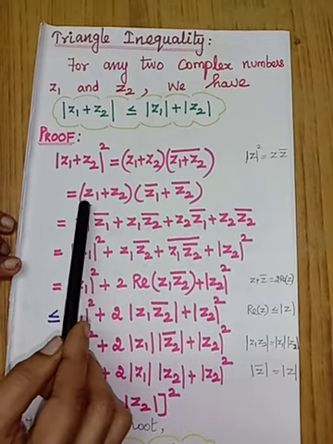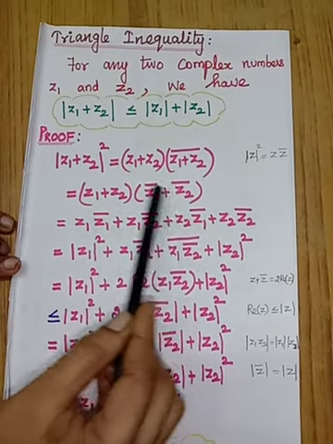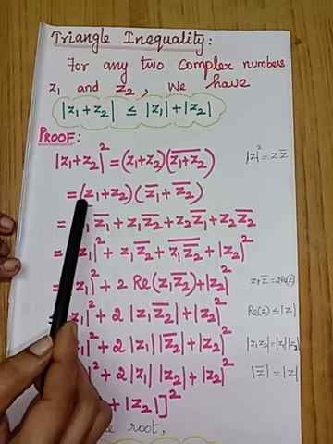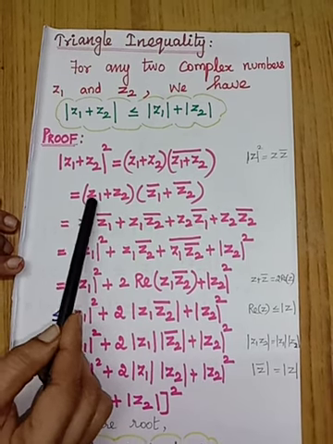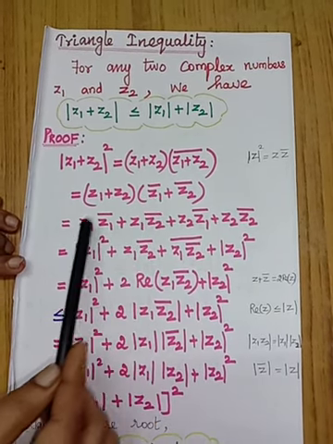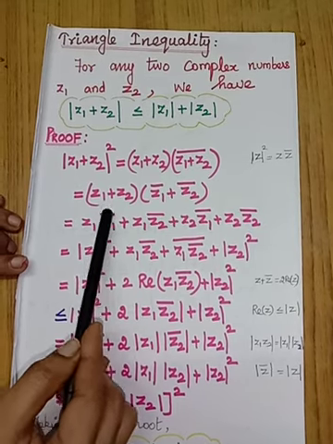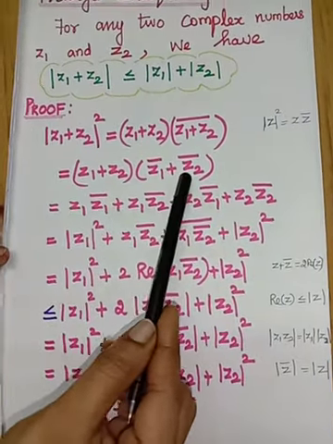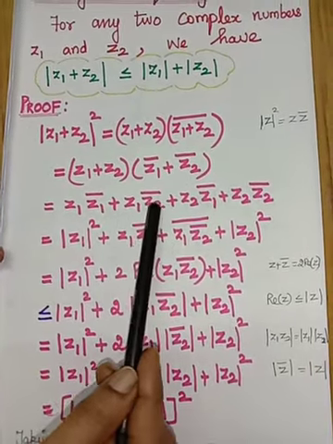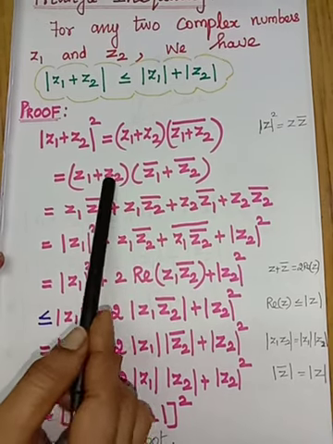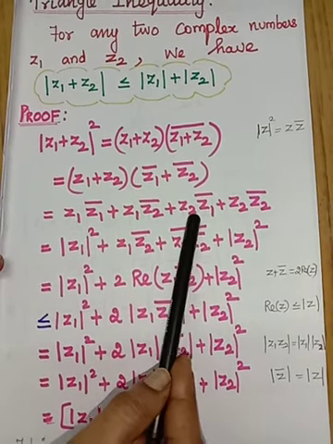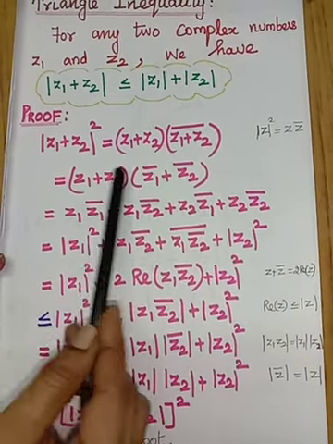Now I am going to multiply these two complex numbers. Take the first one, z1 into z1 bar, then z1 into z2 bar, then z2 into z1 bar, and z2 into z2 bar.